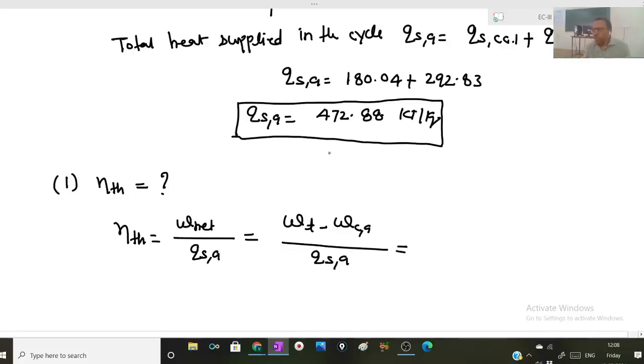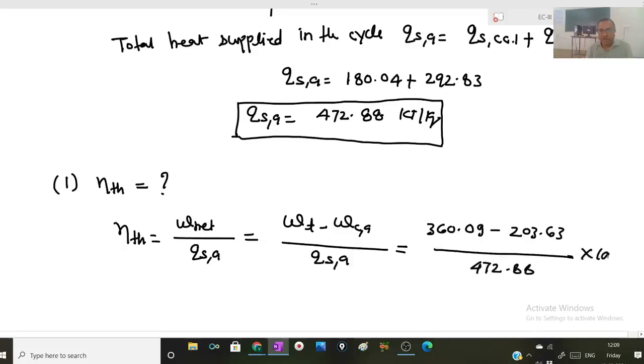Total turbine work I could calculate as 360.09 and compressor work I could calculate as 203.63, divided by 472.88 multiplied by 100.